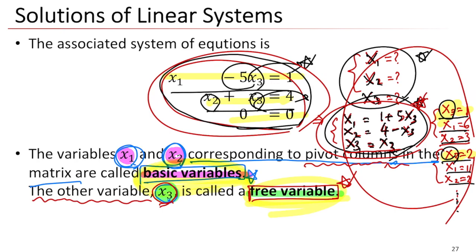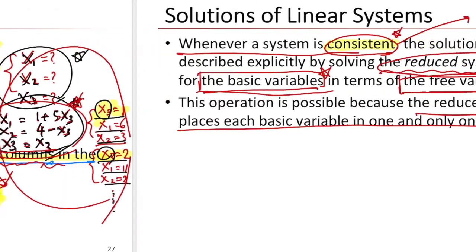And what was the basic variable? Basic variables are the variables that correspond to the pivot columns in the matrix. So I would say we can represent the parametric solutions of this matrix as a basic variable in terms of free variable.